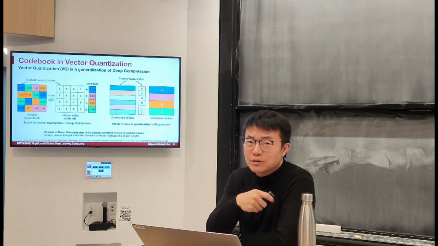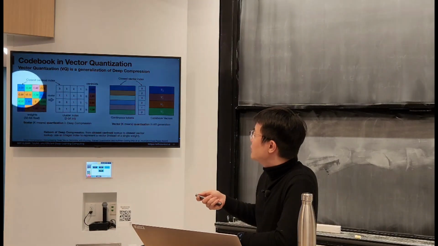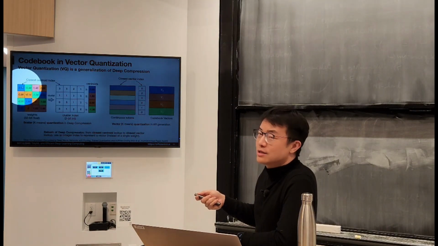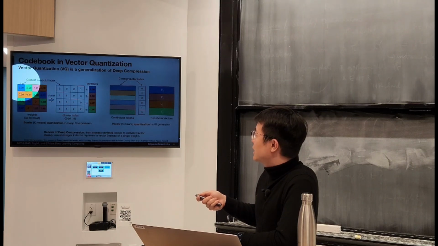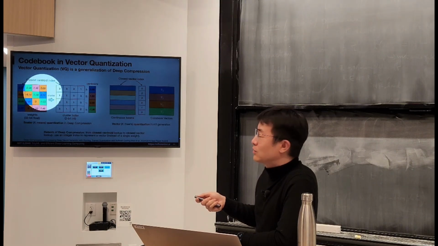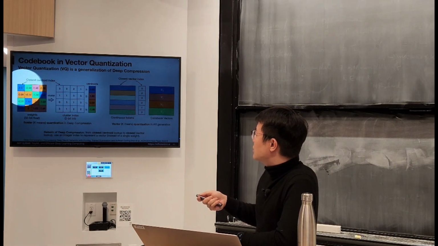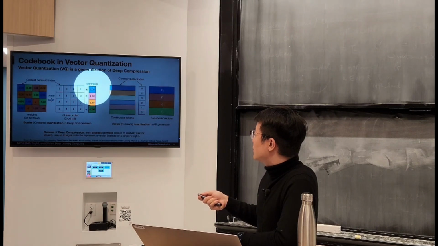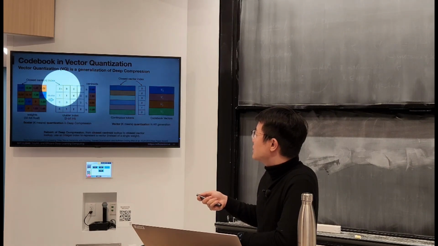The difference is that previously we were quantizing individual weights or activations. So this is a scalar quantization. Like these three values are all falling into this centroid, and we just store the centroid index.